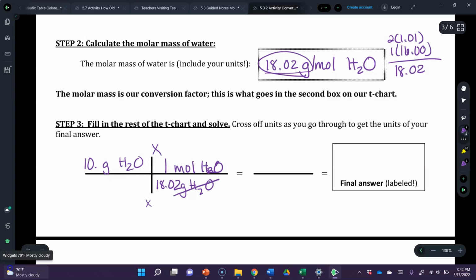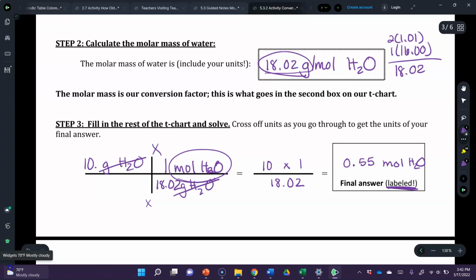That means that our units here cancel, so we end up with 10 times 1 divided by 18.02. This is letting us see how all the numbers are working out. And when we do that, we end up with 0.55, and then the leftover units are moles of H2O.